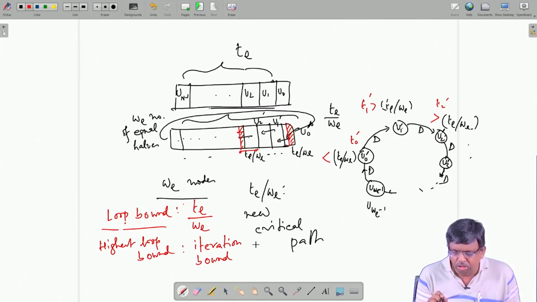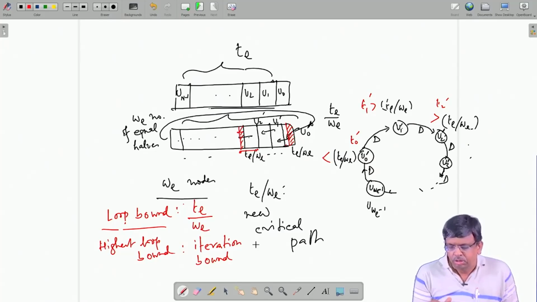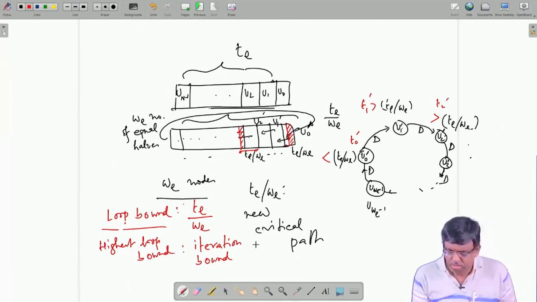For the entire DFG, that will be the best that can be done. So this works like a figure of merit. So you have understood why we take this, and what the problem is in this retiming of the loop.